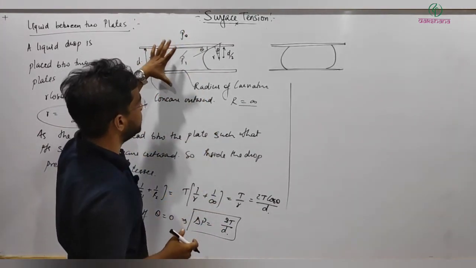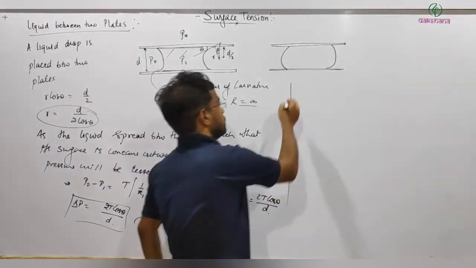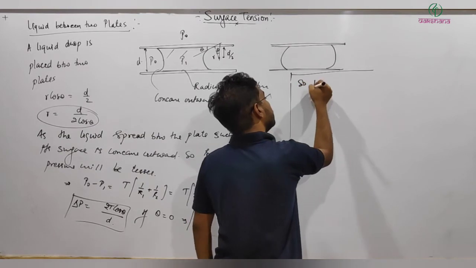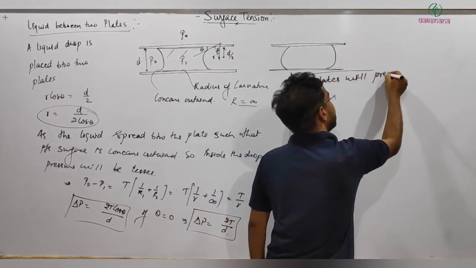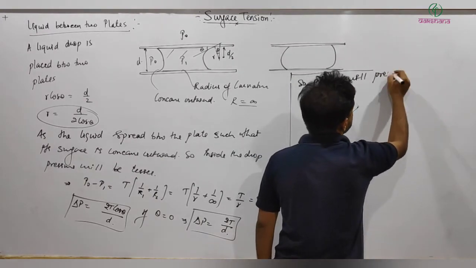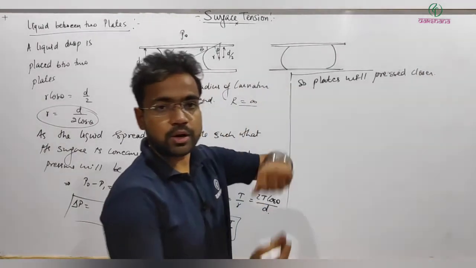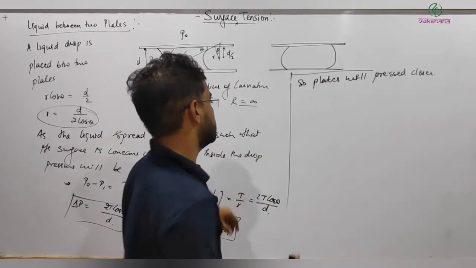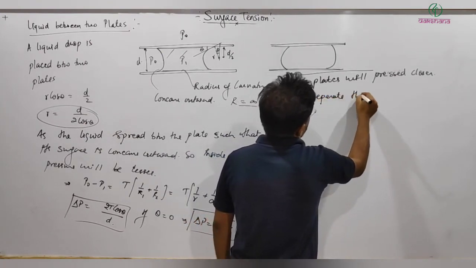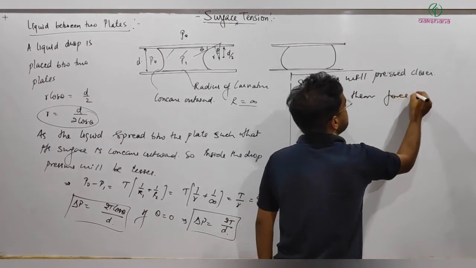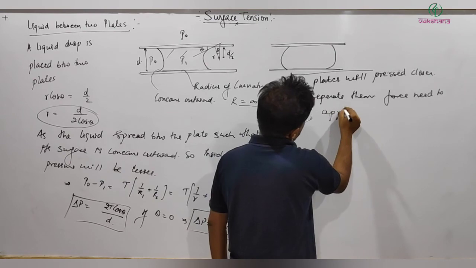So net, these plates will be pressed downward, so the plates will be pressed closer, right? And to separate them, a force needs to be applied.